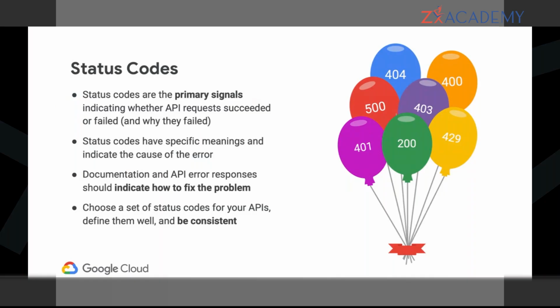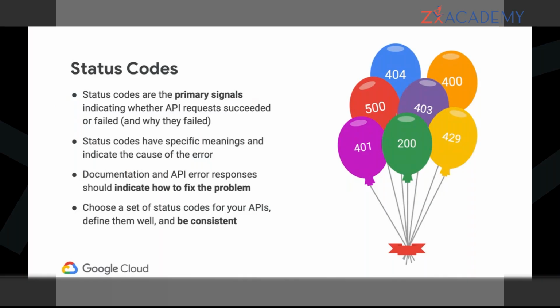But there are a lot of status codes. The HTTP protocol itself has lots and lots of status codes, and we cannot use all of them in the response because it would be impractical. So we choose a set of status codes and define them properly.